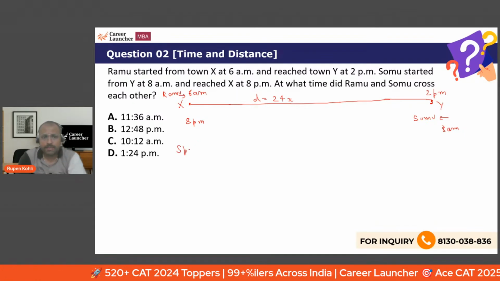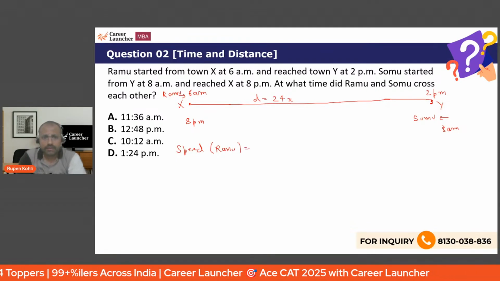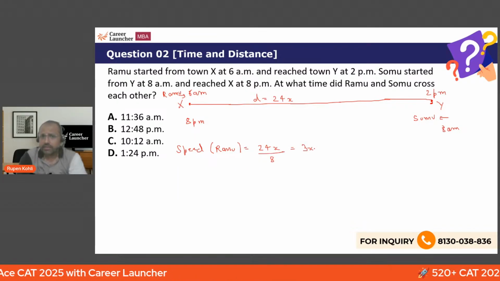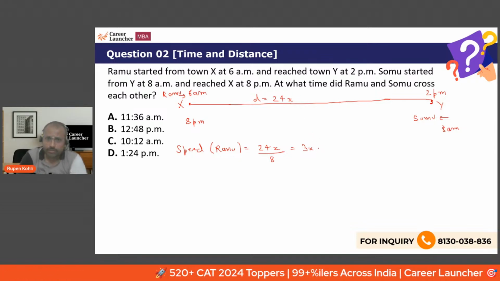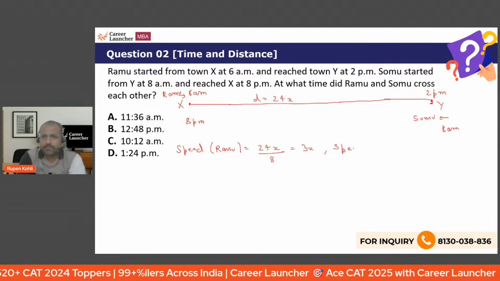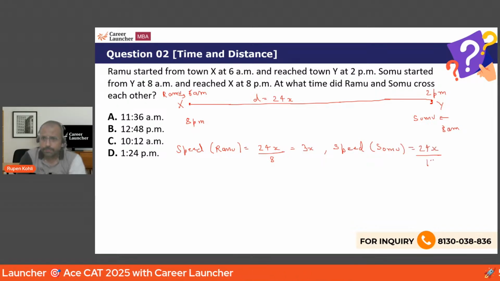So what is the speed respectively of the two people? Ramu can run 24x distance in 8 hours. So his speed is 3x kilometers per hour, whatever the units. I've taken it as, let's say, kilometers. So 3x in kilometers per hour. And likewise, the speed for Somu is 24x by 12, right?